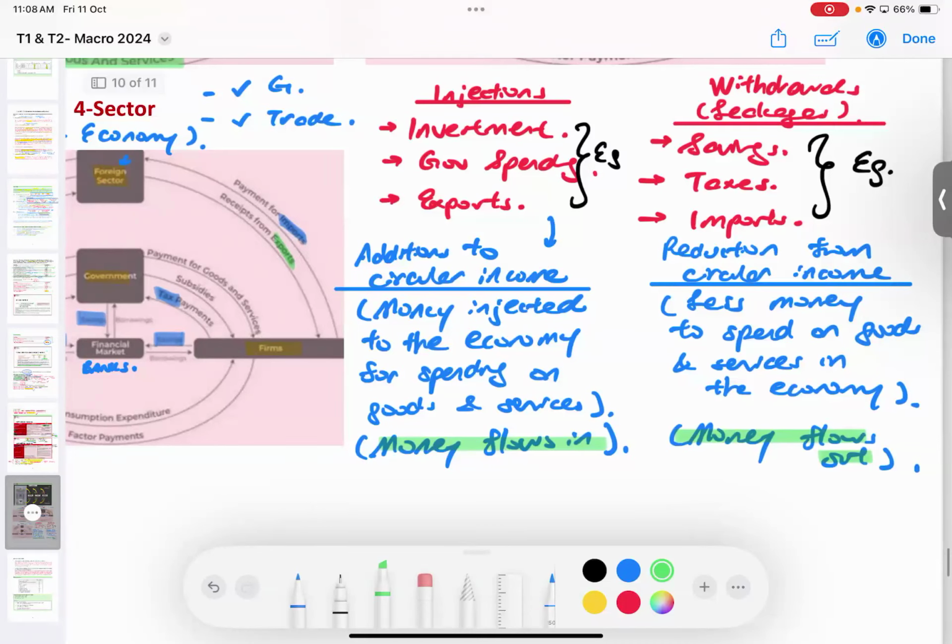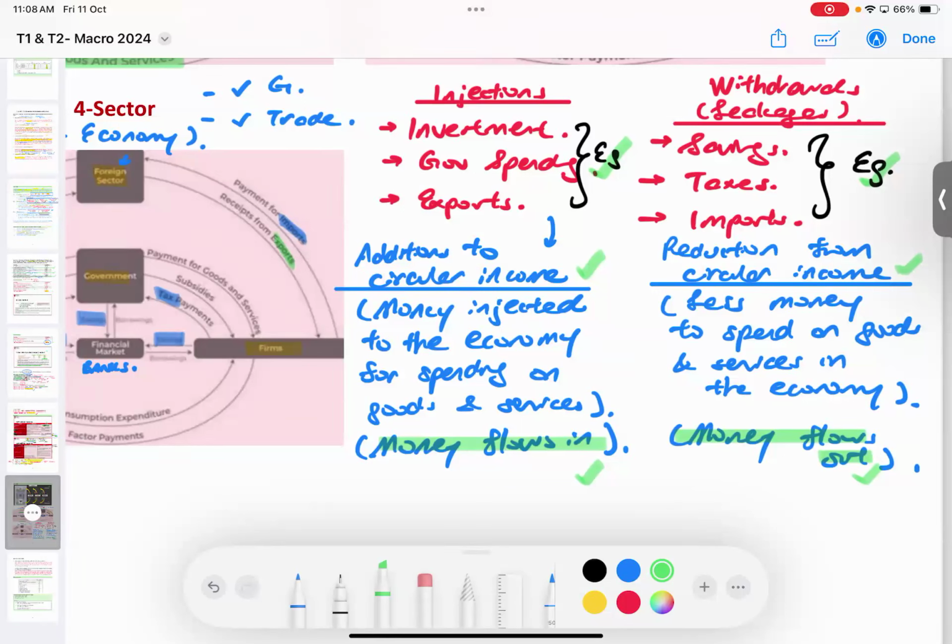A theory question they may ask you is to explain injection and withdrawal, or the role of injection and withdrawal. You can use the definition, the meaning itself, and the examples. Or they can ask you the role of imports and exports in the economy.